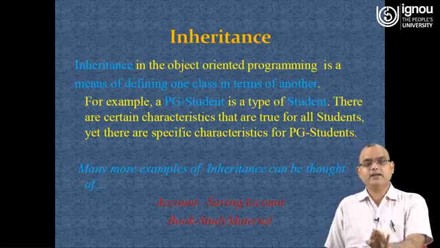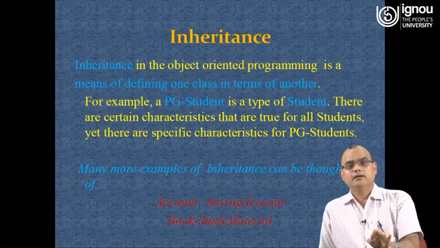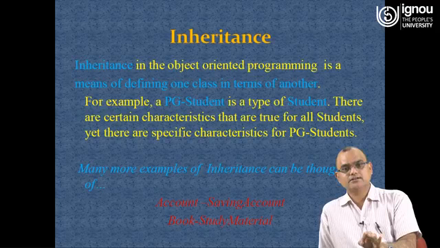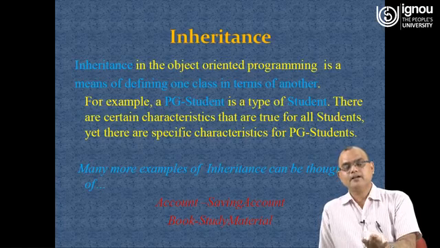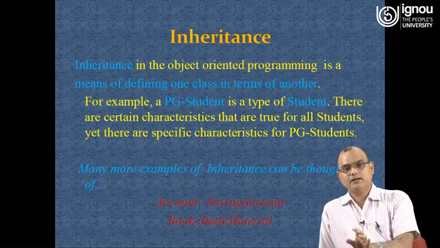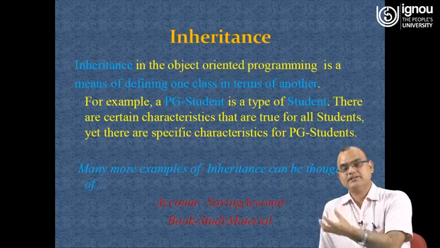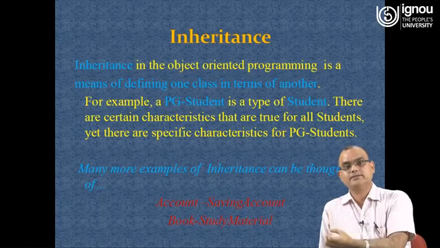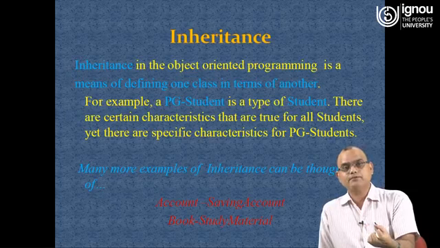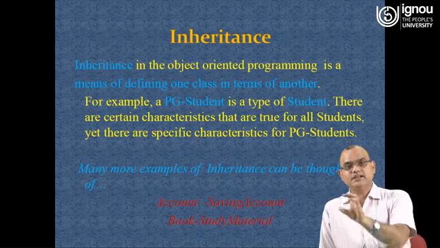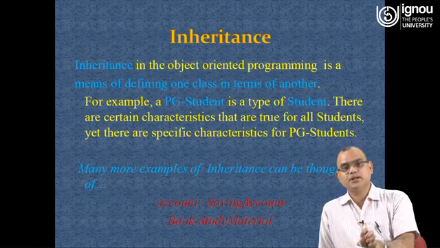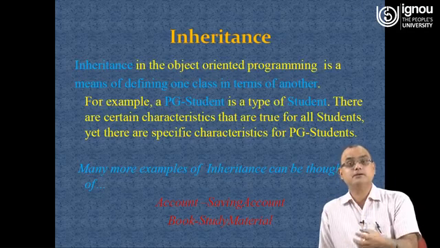One example we can take: if we have a student class, that student class will have some specific attributes and features of a student. Similarly, using the basic student class we can make a specialized category, the postgraduate student class. The features existing in the student class will be used, and the postgraduate student class will add some more features.